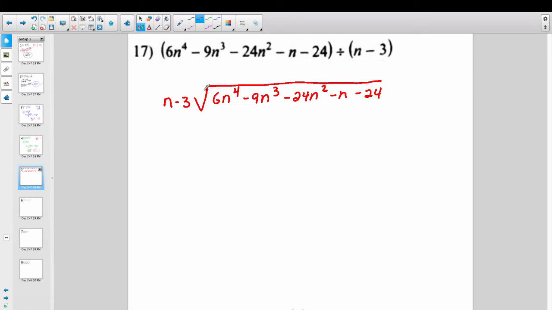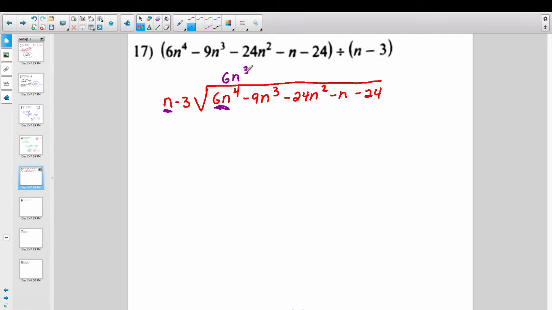Okay, so this is how you do long division. All you worry about is the first terms in both. And you say to yourself, how do I go from n to 6n to the 4th power? And to do that, I would say you'd need to multiply by 6n to the 3rd.